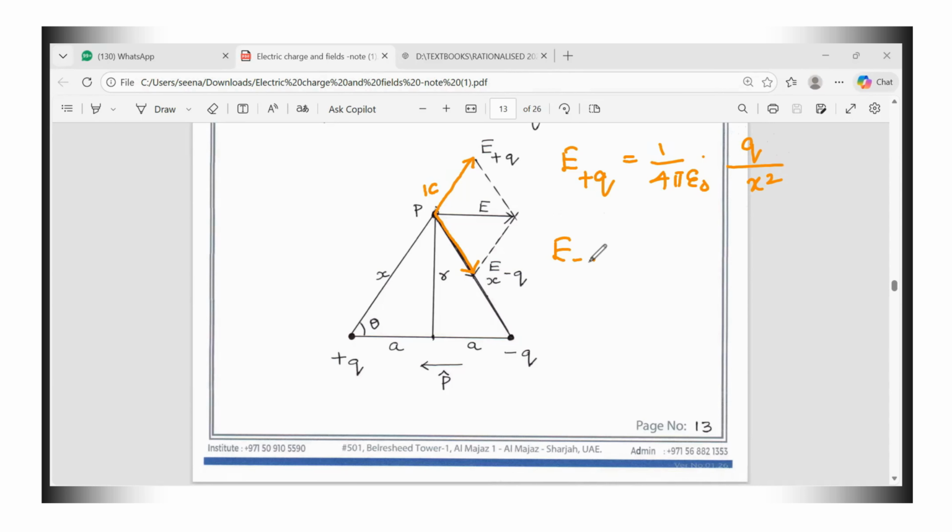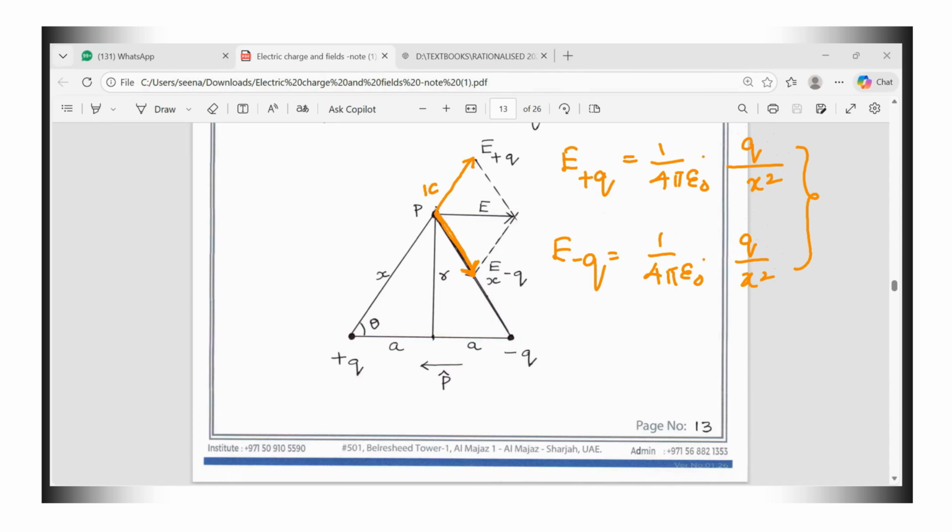And E due to minus q is also 1 by 4 pi epsilon 0 q divided by x square, since we are considering the direction, it is attracting. That means the magnitude is the same.